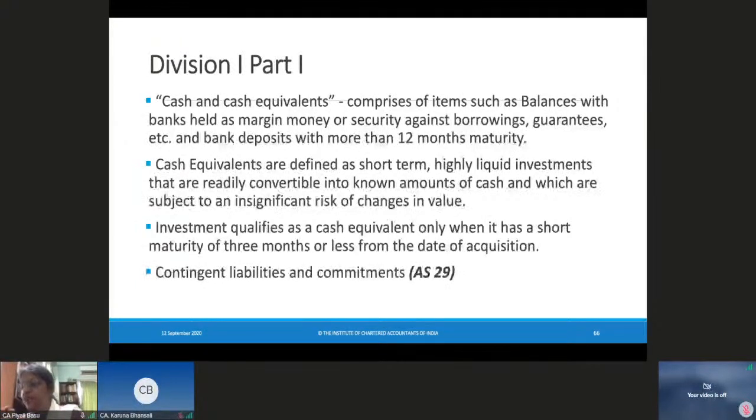That's the share application money pending allotment. One is the money received against share warrants, and the other is the application money received for pending allotment, where only the application has been received. So please remember the two things. What is the difference between the warrant and the application pending allotment?